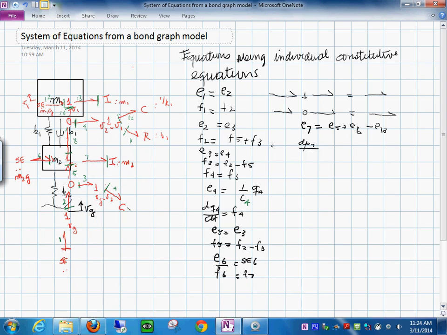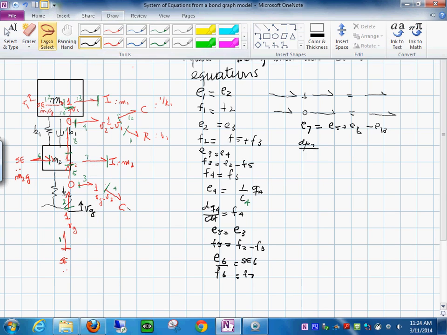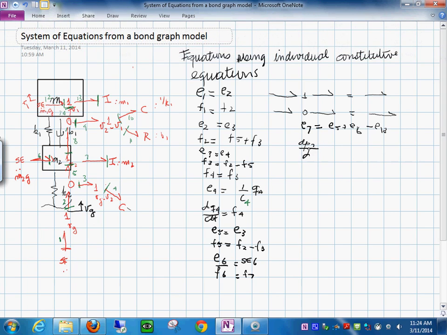This is dp sub 7 dt is equal to E sub 7. And F sub 7 is equal to 1 over I sub 7 times P sub 7. That's this second one, differential equation.